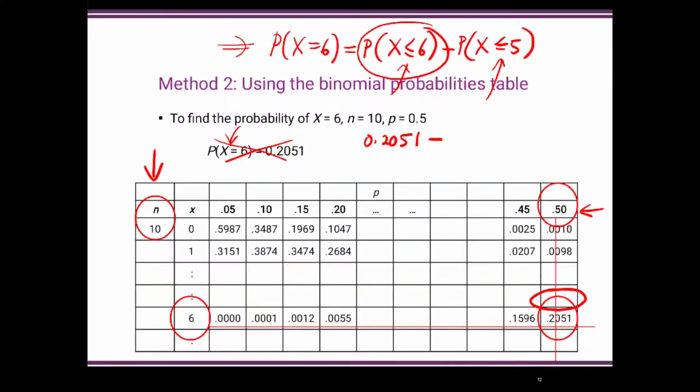Ada satu lagi bacaan dekat sini. Baru dapat jawapan. Ini baru jawapan untuk probability of X greater equal 6. Maksudnya jawapan ni probability of X equal 6 adalah awak kena buat operasi tolak ni.